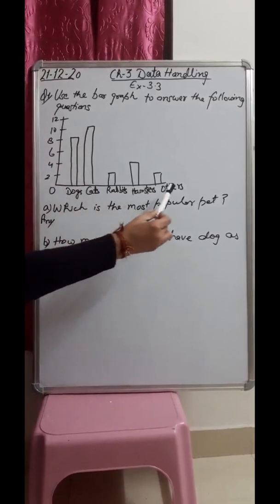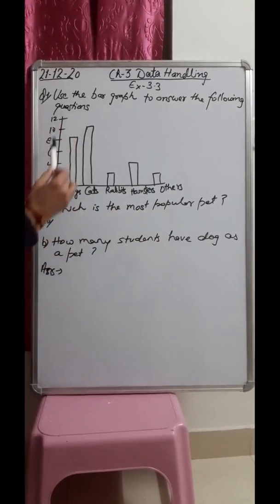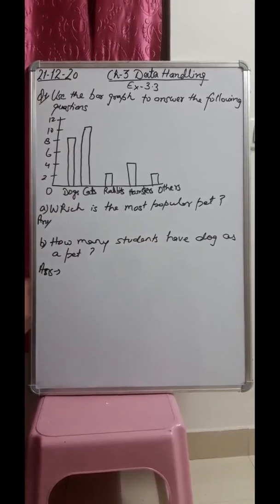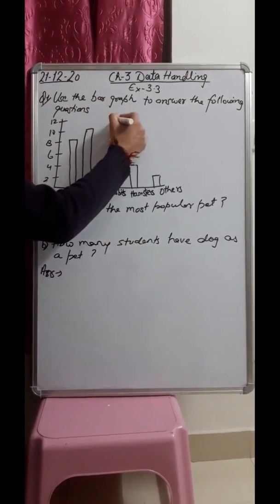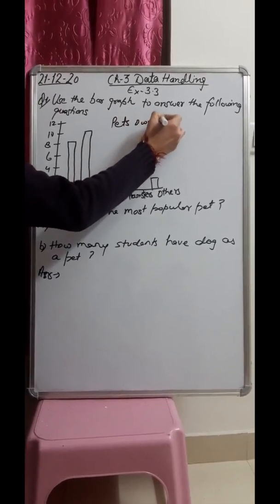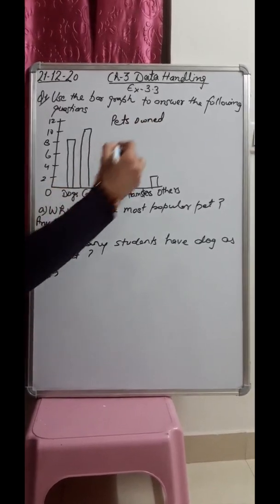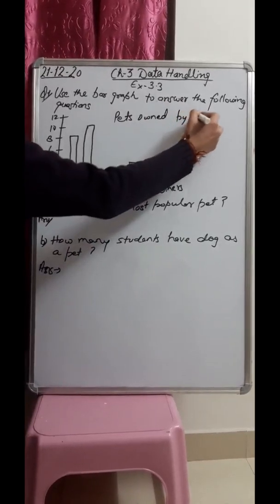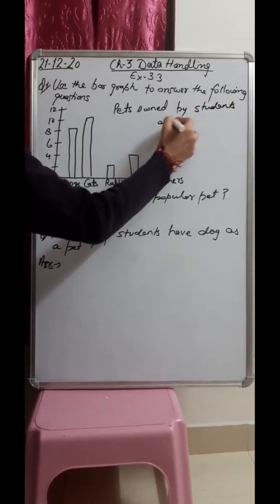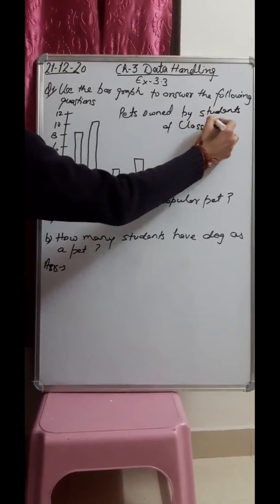This is horizontal, this is vertical. On the vertical axis, this is showing us pets owned by students of class 7.